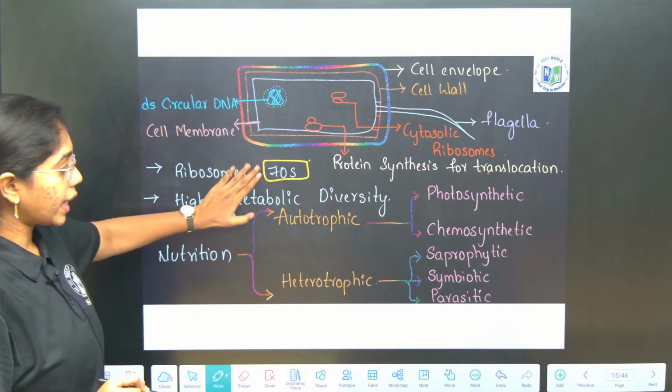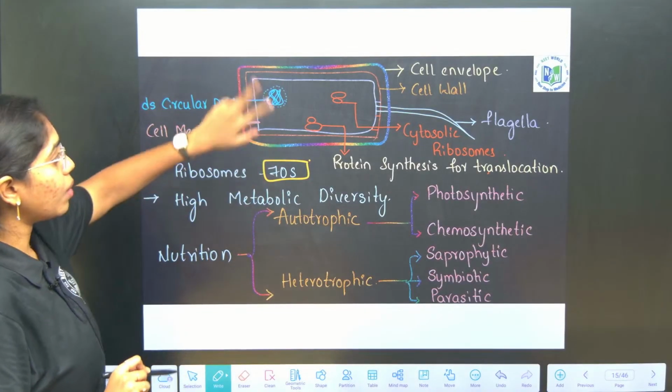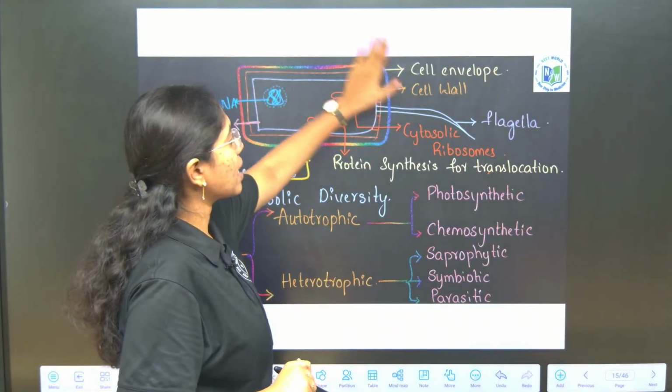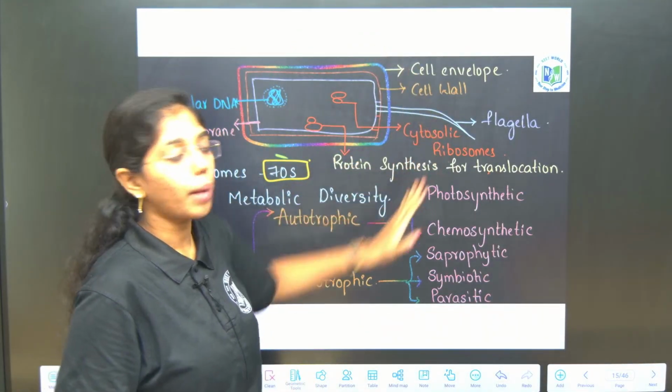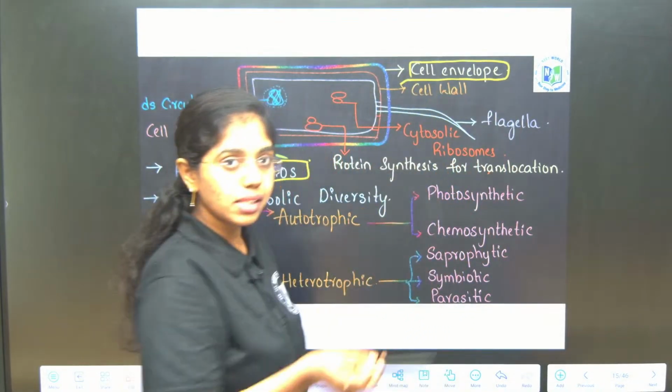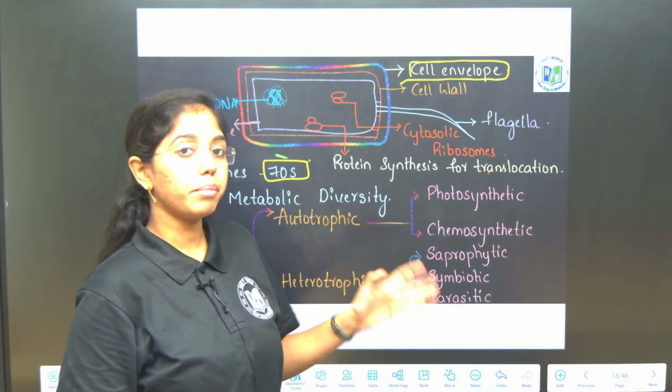Before getting into the ribosomes, you should know the cell wall composition. In bacteria or Eubacteria, the cell is completely covered with a cell envelope. The cell envelope has 3 layers: glycocalyx, cell wall and cell membrane. We will learn this in detail in cell biology, but for your idea I am briefing it.